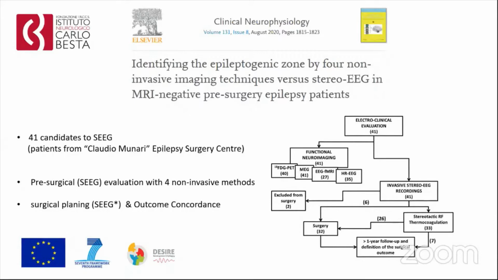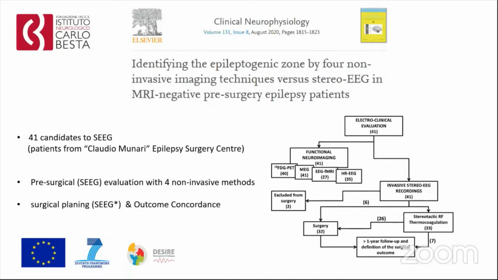They all underwent stereo-EEG to find out the probable seizure onset. First we considered the concordance with the resective plan, and secondly we had the follow-up of all the patients, so we could also study the concordance in terms of outcome.